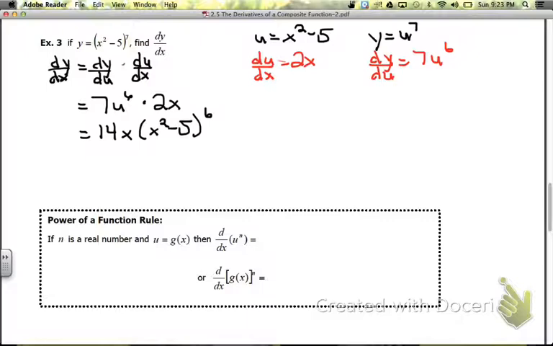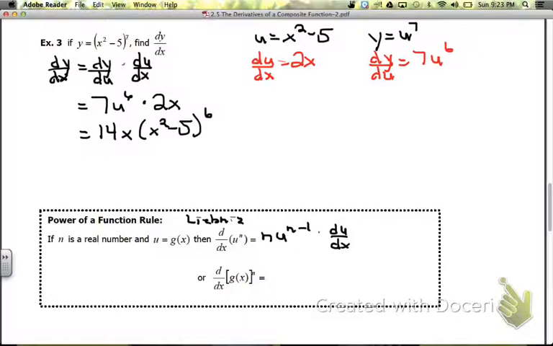So now let's look at the power of a function rule. If n is a real number and u equals g of x, then the derivative of u to the power of n in terms of x, this is our Leibniz notation here, just so we're aware, is going to be equal to n times u to the power of n minus 1 times the derivative of u in terms of x.